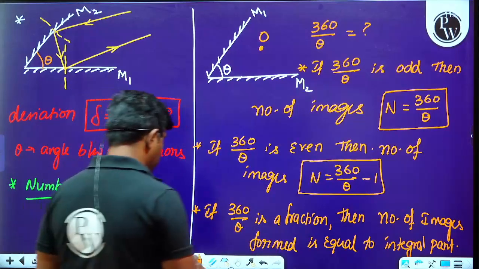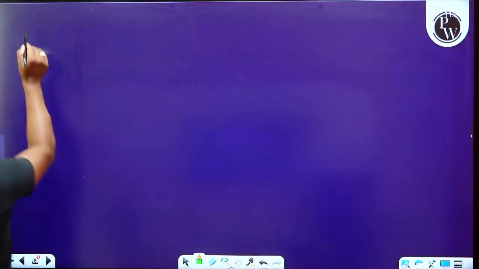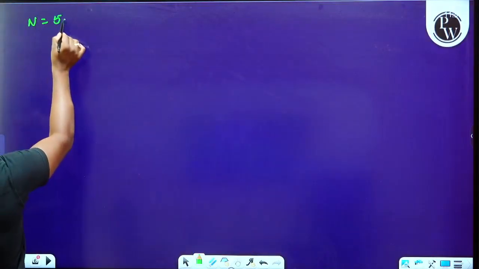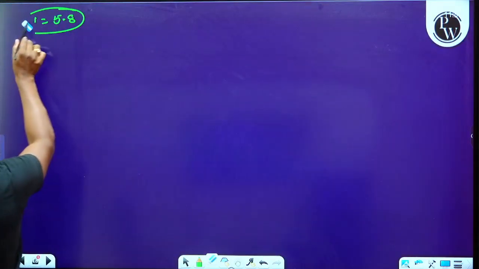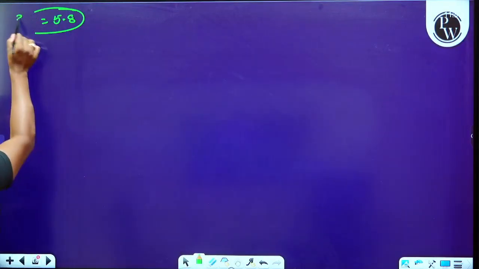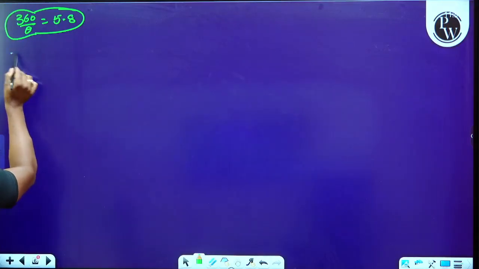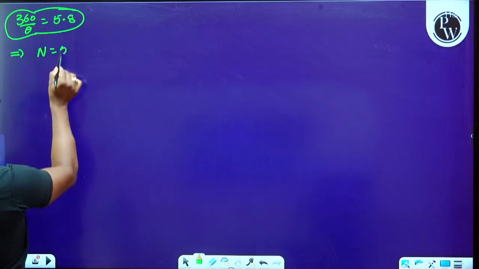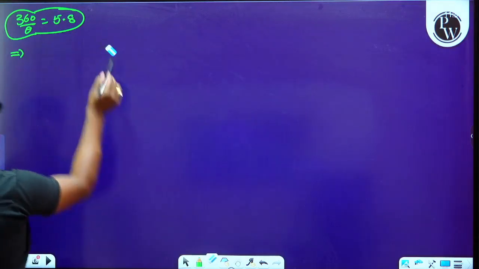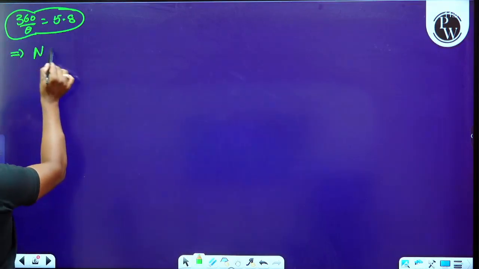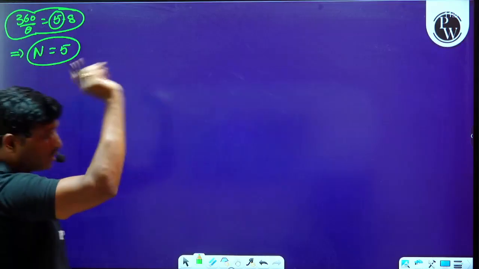For example, I can write it here. Suppose 360 by theta is equal to 5.8. Then the number of images will be equal to 5. Is it clear? So like that, we should calculate the number of images. N becomes equal to 5. We have to consider only the integral part of the fraction.